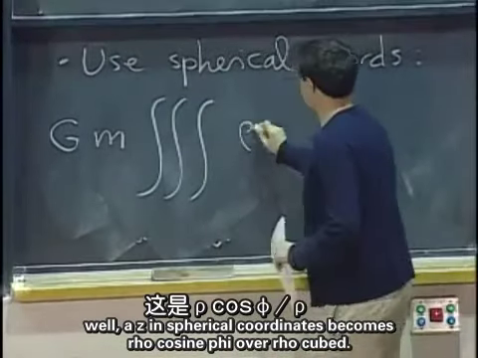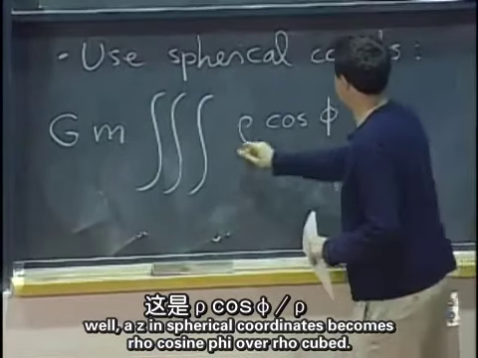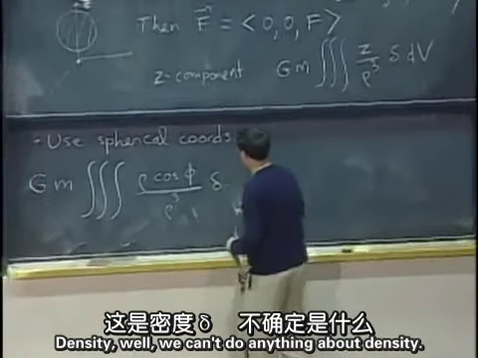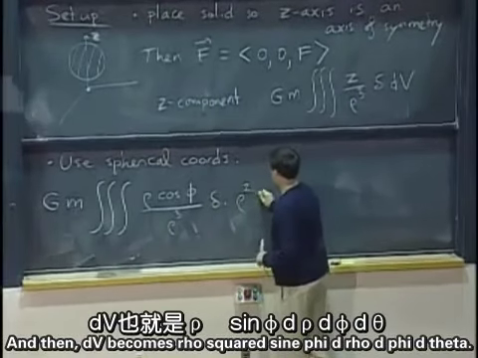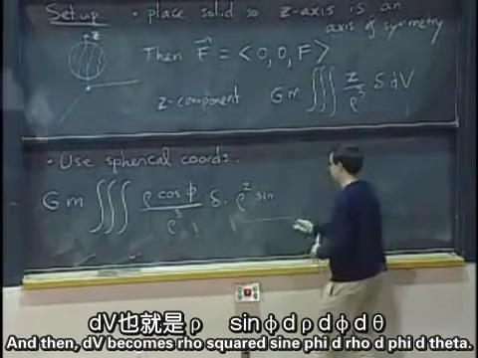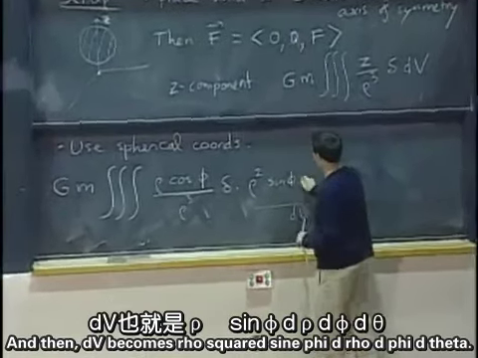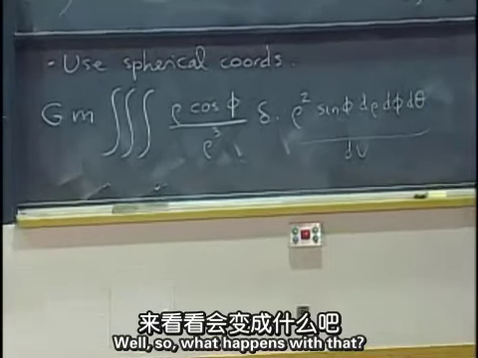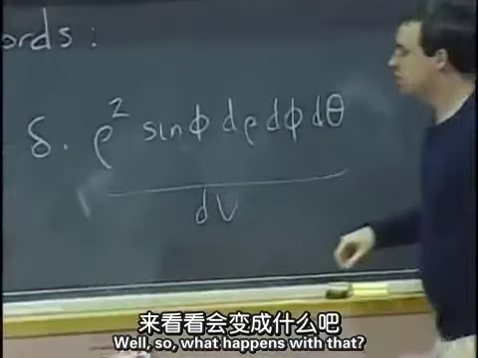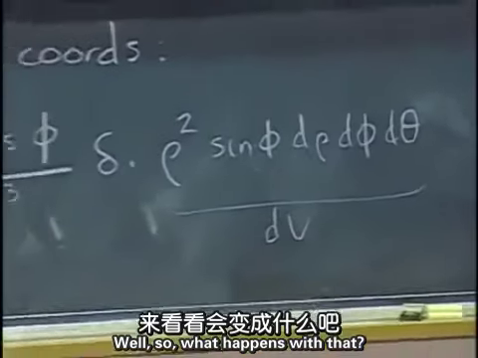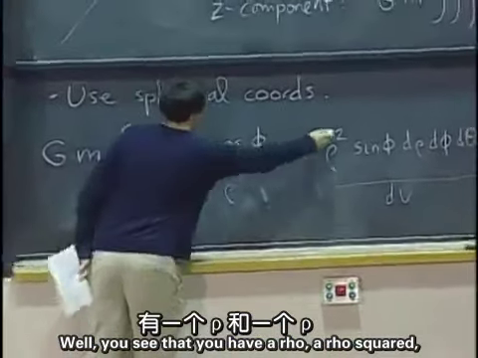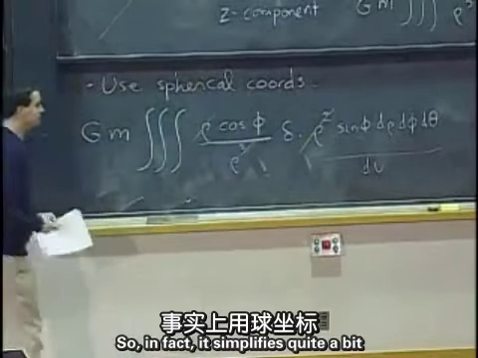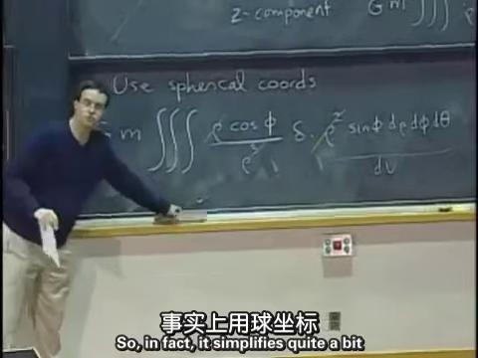Z, well, z in spherical coordinates becomes rho cosine phi over rho cubed. Density, well, we can't do anything about density. And then dv becomes rho squared sine phi d rho d phi d theta. Well, what happens with that? You see that you have a rho squared and a rho cubed that cancel each other. So in fact, it simplifies quite a bit if you do it in spherical coordinates.